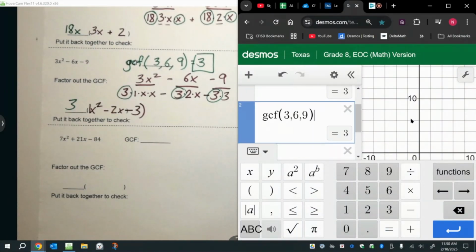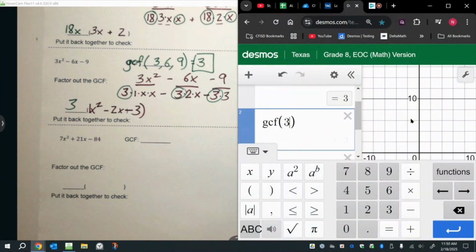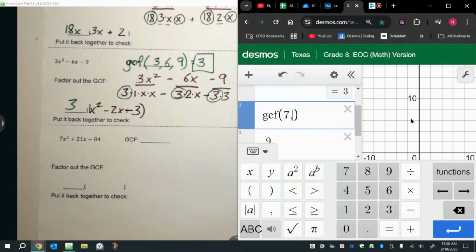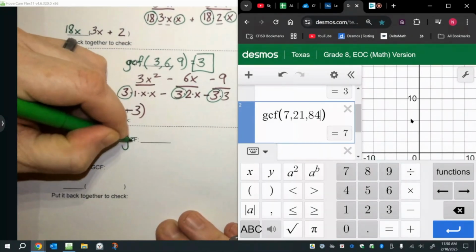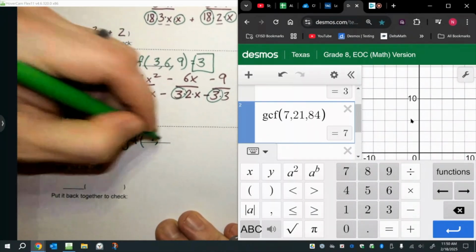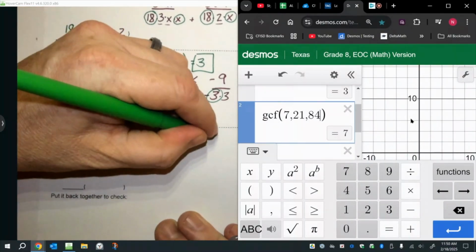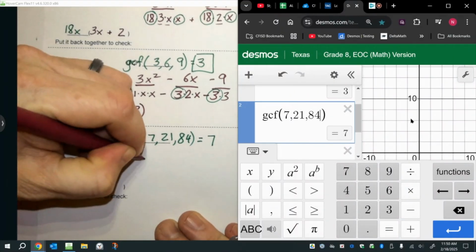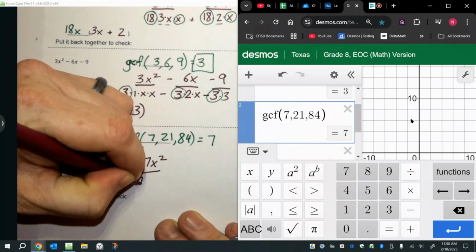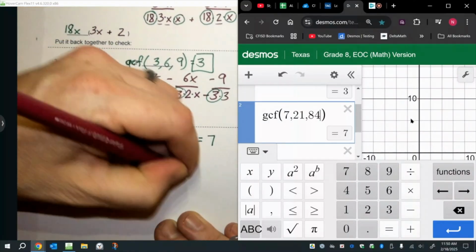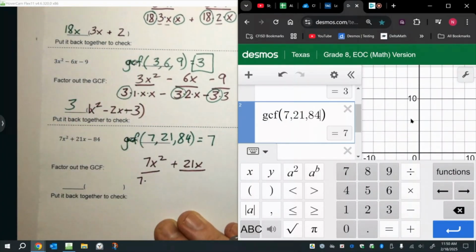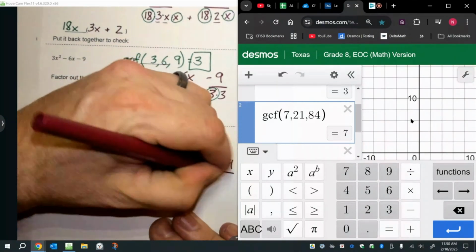All right, my last one, let's take a look. Take the GCF of 7, 21, 84. So GCF is 7. I'm going to write it this way: 7x squared plus 21x minus 84.